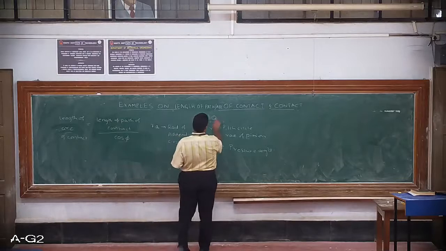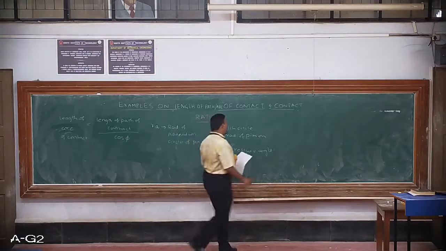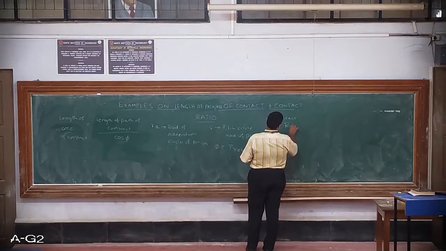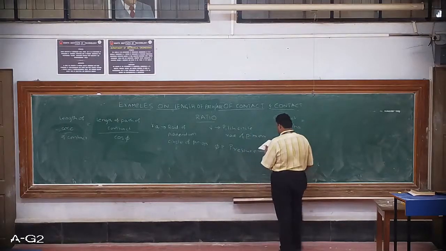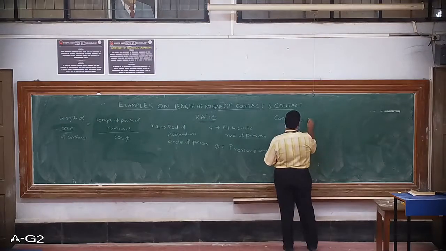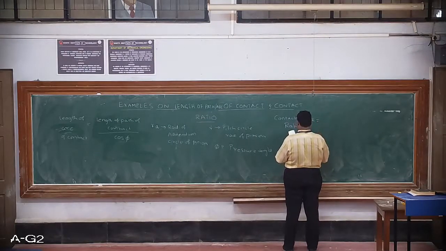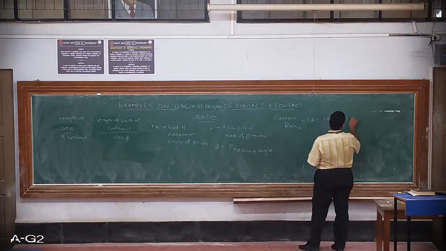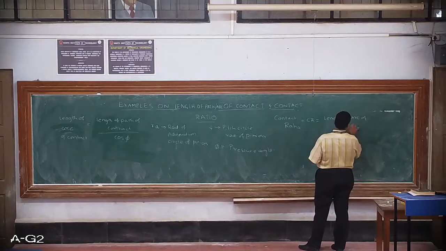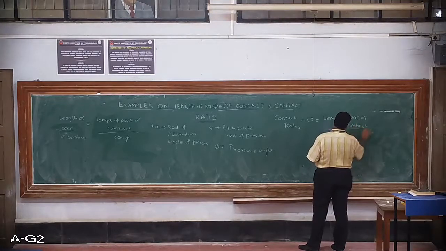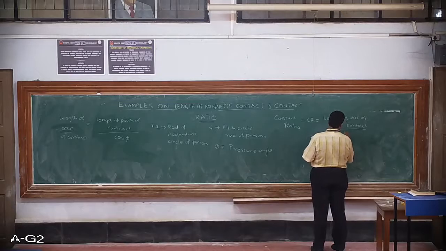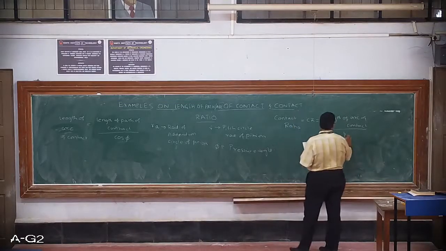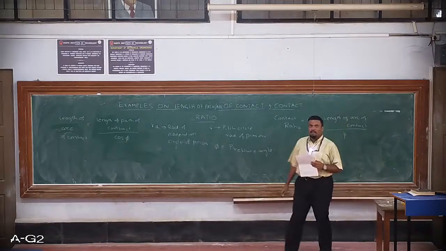Next we have what is called the contact ratio. For contact ratio, we have the equation. It is denoted by CR. So this will be length of arc of contact divided by PC or small p. So what is this small p?